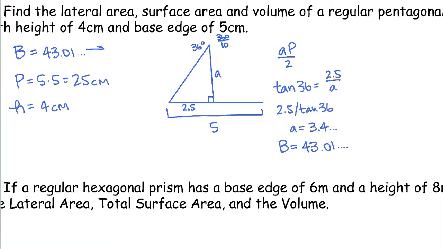And I am going to store that as big B because we're going to use it in multiple calculations. So now I have my big B, I have the perimeter of the base, I have the height between the bases, and we can go through and do our calculations.